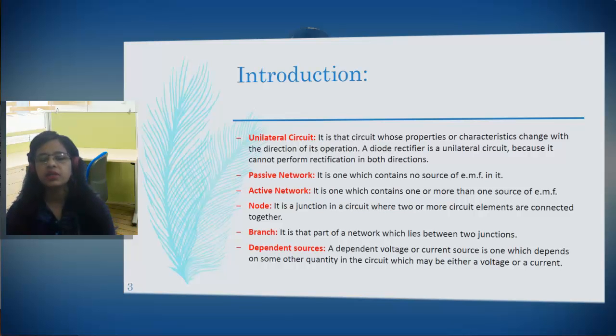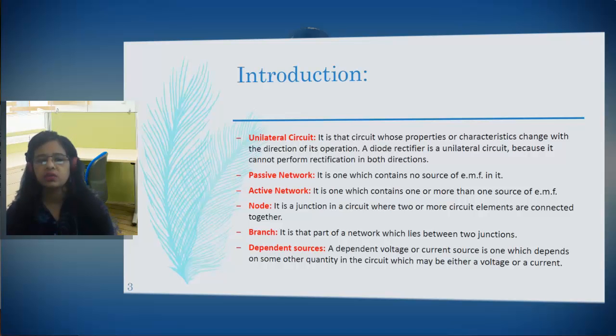If we reverse the terminals P and N, there will be no current flowing in the circuit. So its property changes when the direction of the terminals is changed. Those types of elements are known as unilateral elements, and the circuit consisting of unilateral elements is known as a unilateral circuit. One example, as I said, is a diode.